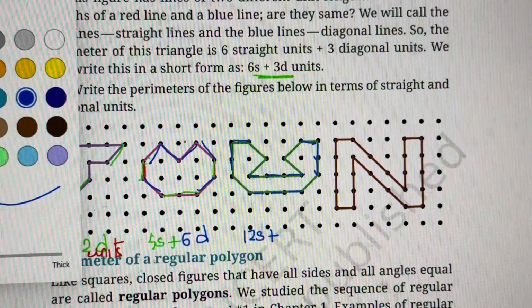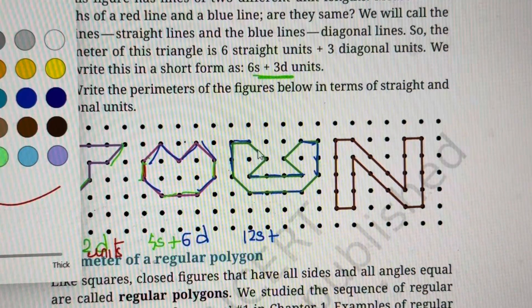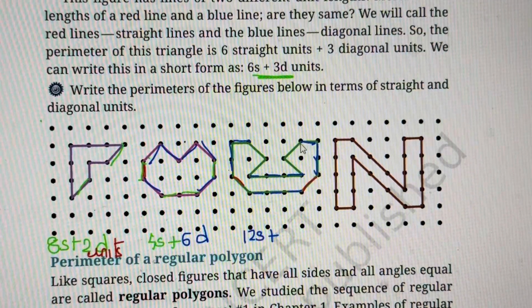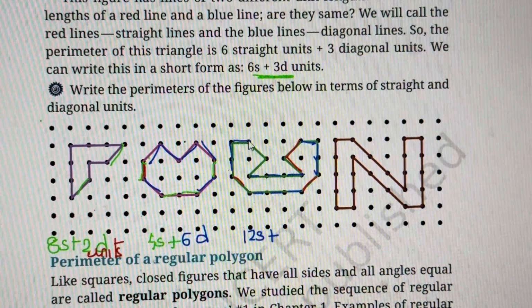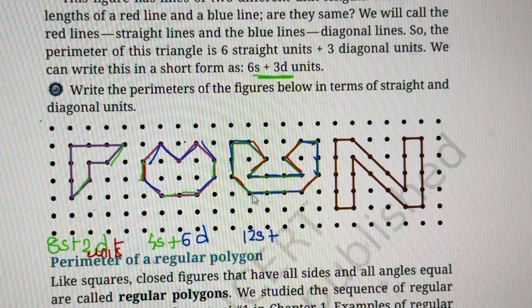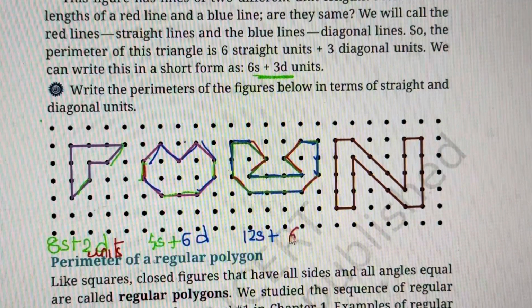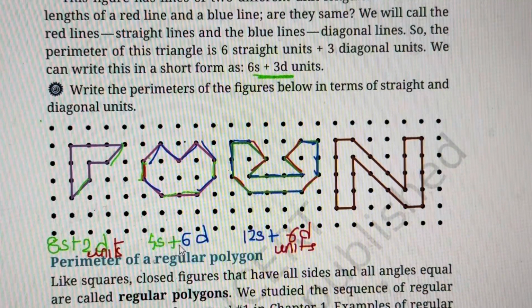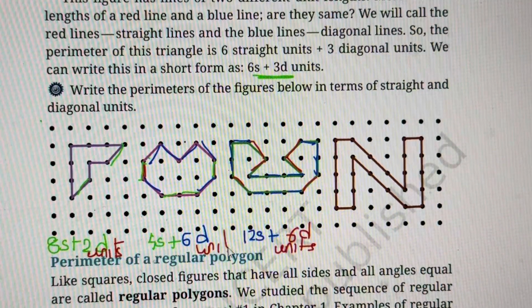So for diagonal lines, let me use red color. So if I start from here, this is 1, 2, 3, 4, 5, and 6 diagonal lines. So we will write 12s plus 6d units. Here also you need to write units.